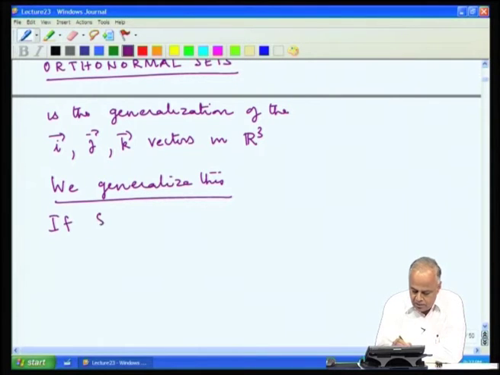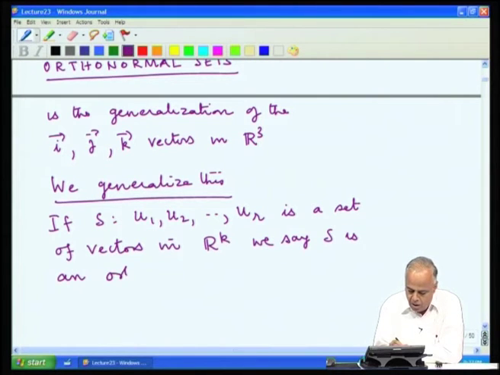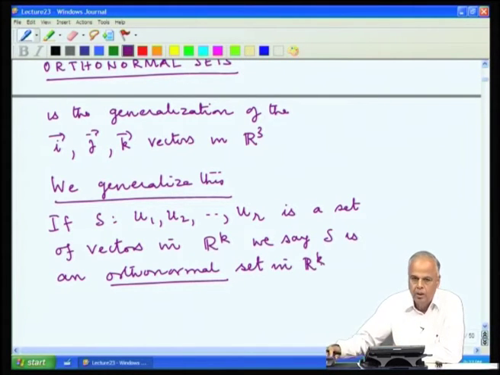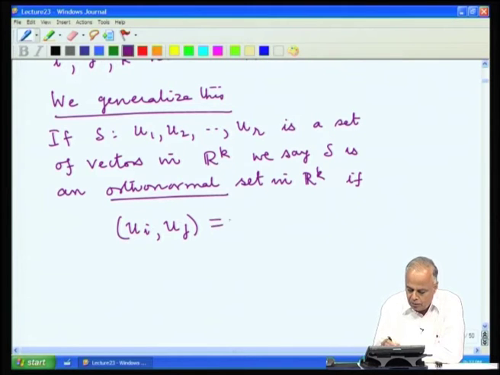If S is u 1, u 2, ..., u r, a set of vectors in R k, we say S is an orthonormal set in R k if any 2 of the vectors are orthogonal to each other: the inner product of u i and u j must be equal to 0 if i is not equal to j.